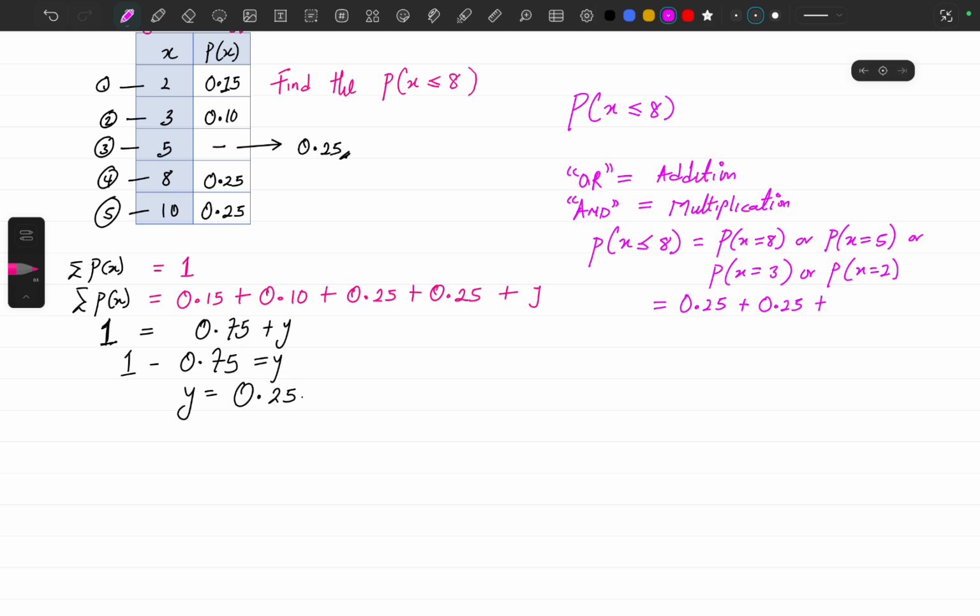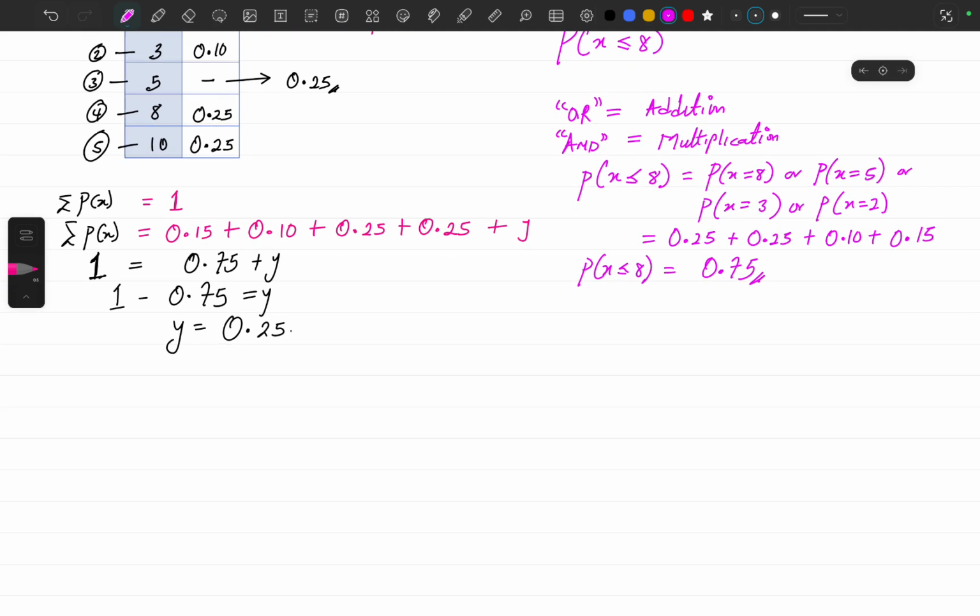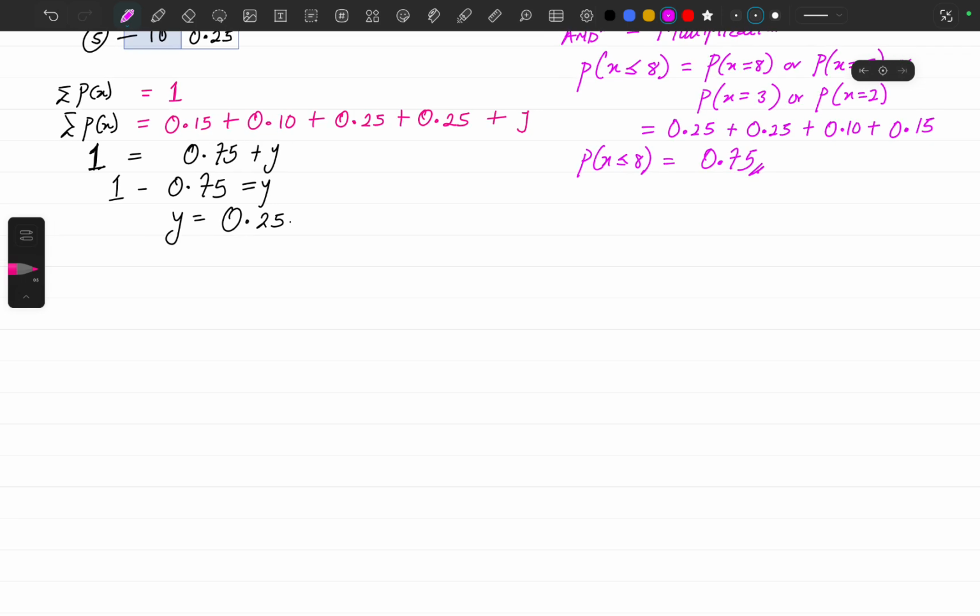Or if it is 3, it's 0.10. And if it is 2, it's 0.15. So we can go ahead and add to get the answer: 0.25 plus 0.25 plus 0.10 plus 0.15, and that will give you 0.75 as the answer to that question. And that is that on that question.